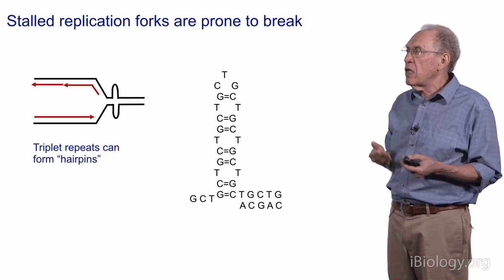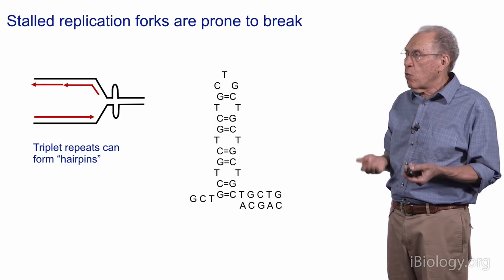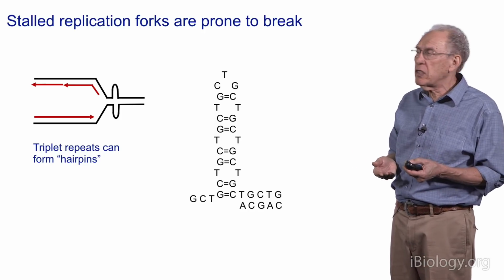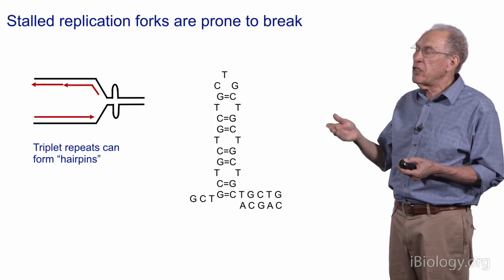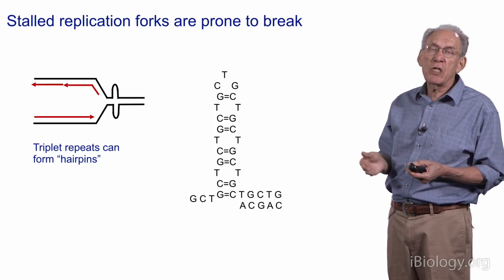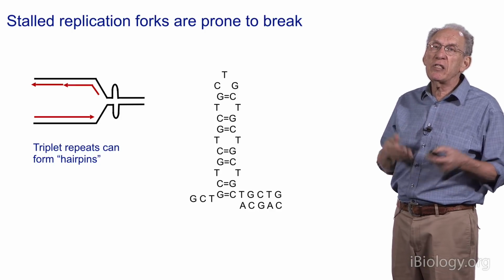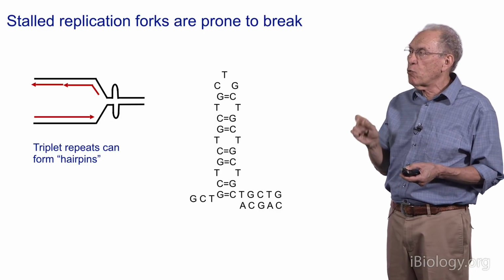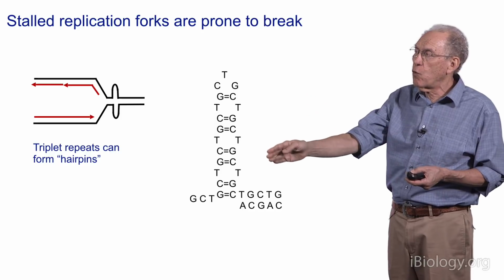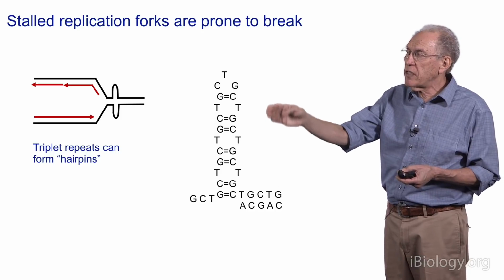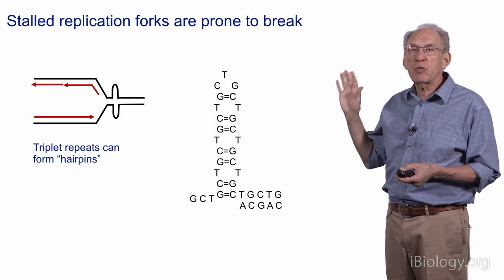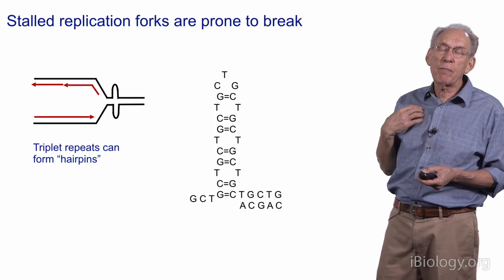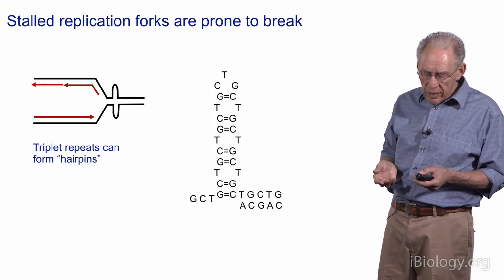Another source of these breaks comes from what are called triplet repeat sequences. Here, CTG repeated dozens of times. In the case of Huntington's disease, sometimes hundreds of times. And these very simple repeats have the capability of forming quasi-stable secondary structures, which again block the formation of the replication fork and lead to breaks.